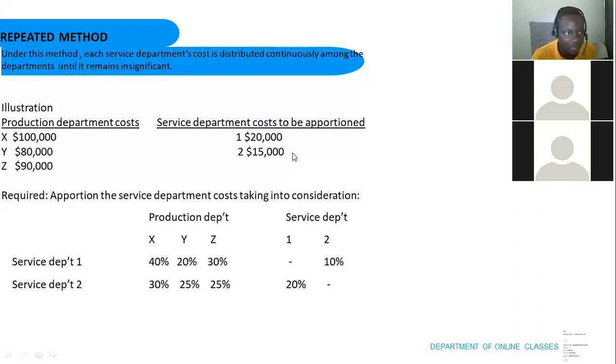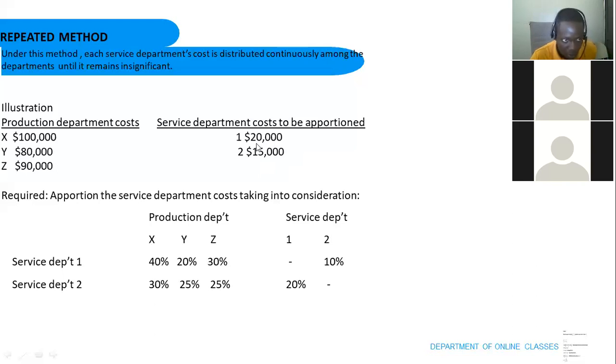Bear in mind that for apportionment of service department costs, the focus here is on what? The service department. So when you want to apportion, you go to the service department, look at the cost that has been incurred by the various service departments, then you apportion the costs.